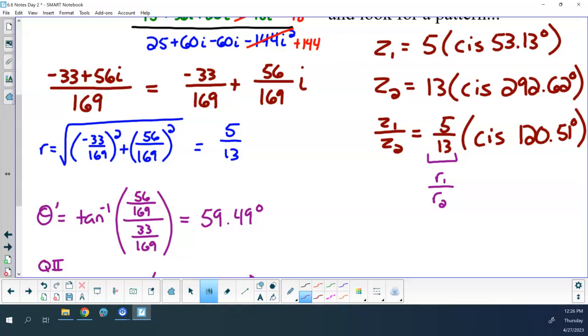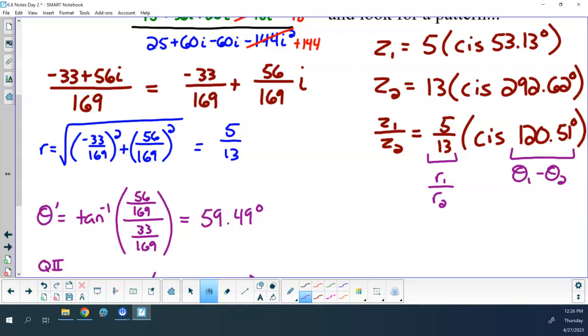So in multiplication, it went multiply to get the R, add to get the theta, right? In division, it's divide to get the R. What do you think logically it would be to get the theta? Subtract. So ideally, we're going to want this to be theta 1 minus theta 2, correct?